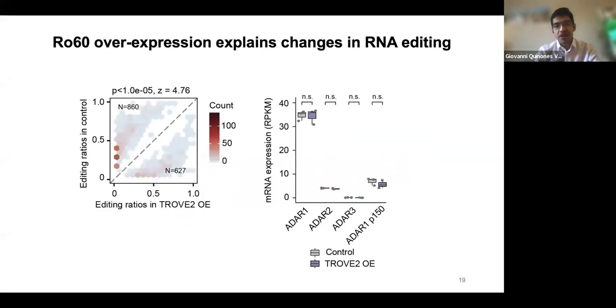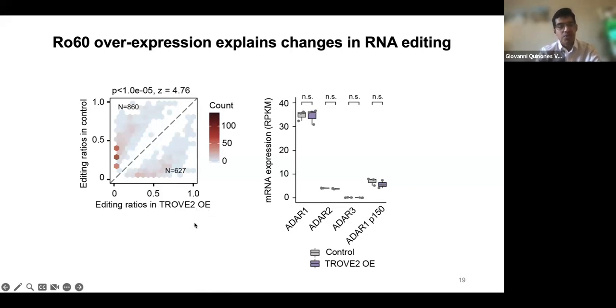So we aimed to see if Ro60 alone can explain that difference in editing. And although we already have the knockdown data, we also tried to validate those findings by looking at a different data set that had TROVE2 overexpression.